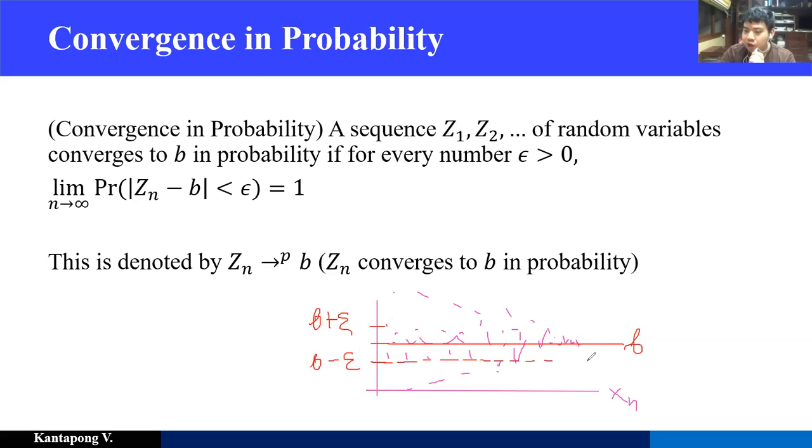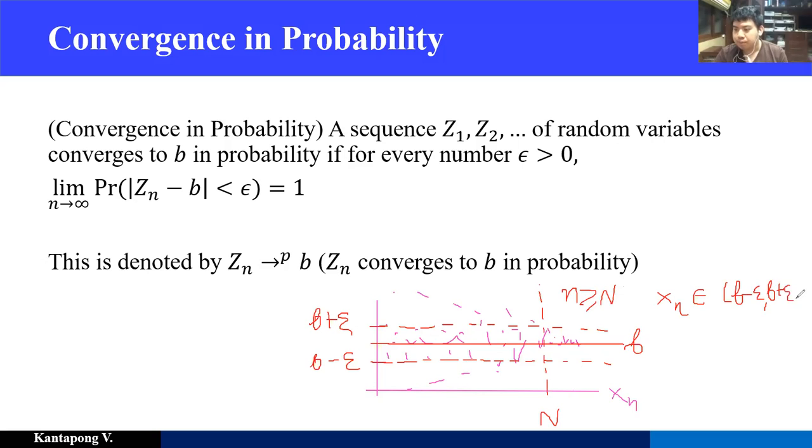We construct this kind of bound, and we say that there is an n, no matter how far, let me use the capital N, such that for n greater than or equal to N, Cn is in the set of b minus epsilon and b plus epsilon.